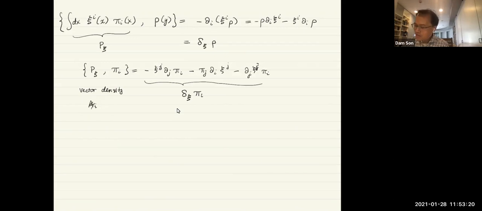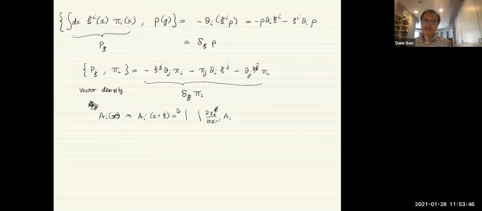That is, this vector density A_i goes to A_i prime at x plus xi equal to this Jacobian times dx^j over dx^i prime A_j, some formula that we've written before.